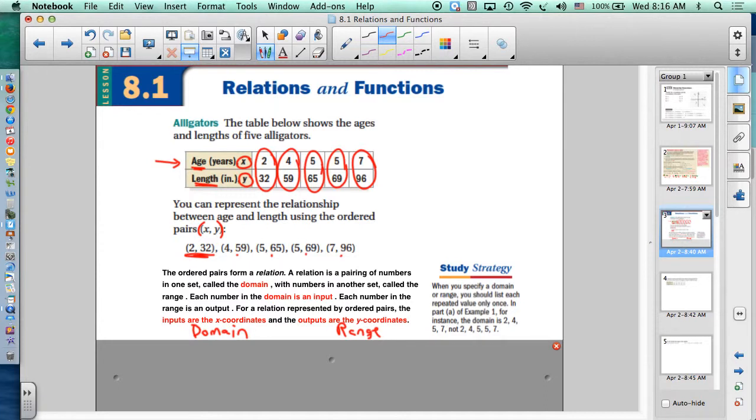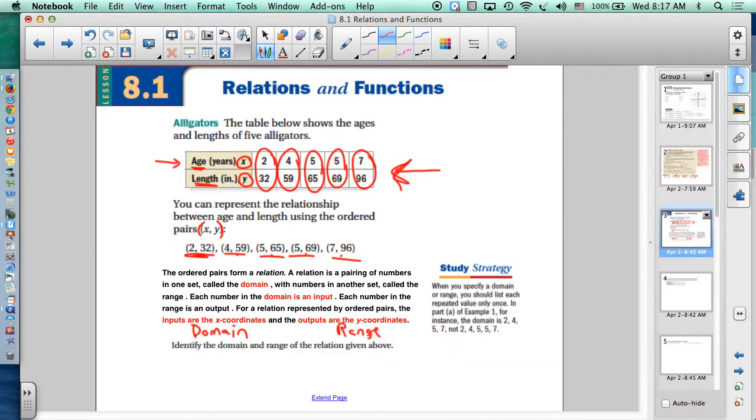What we're going to do is we're going to list the domain and the range for this relation that we have up there already. These ordered pairs up here, or this table up here. We're going to list the domain and we're going to list the range. A little something to keep in mind over here. When you list a domain or a range, you list each repeated value only once.